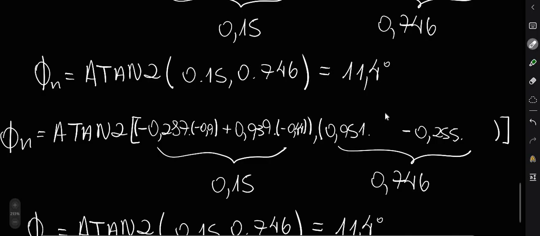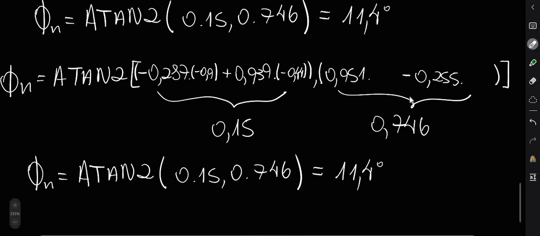Right here is the same, minus 0.9 and minus 0.44.